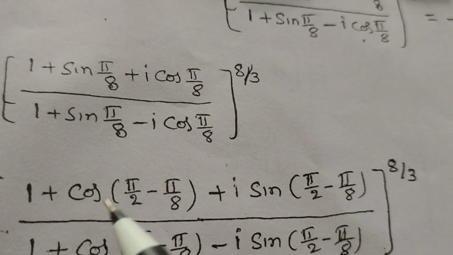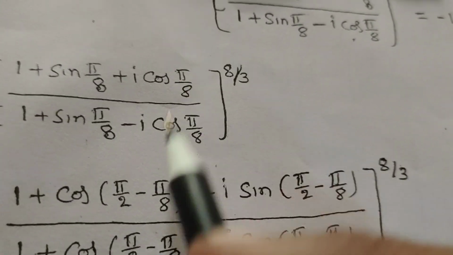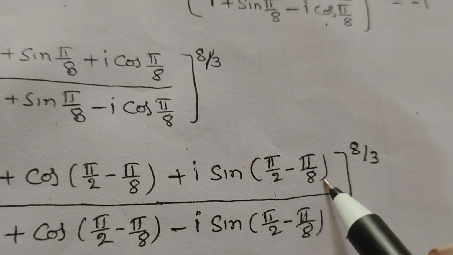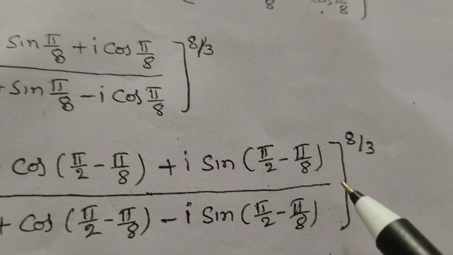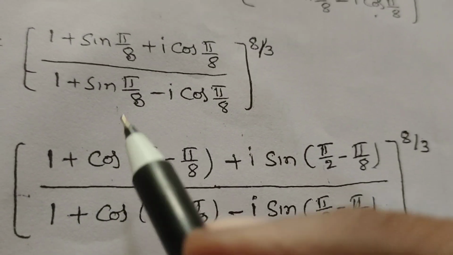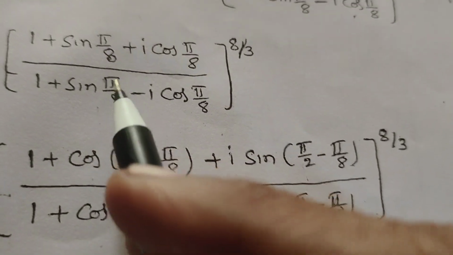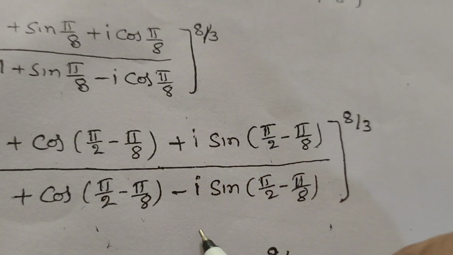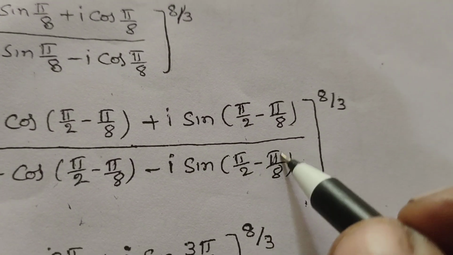What is sin θ? Cos(90° − θ). So cos(π/2 − π/8). Also in place of cos π/8 we write sin(90° − π/8), applying the formula sin(90° − θ). Again in the denominator, sin π/8 becomes cos(π/2 − π/8), and in place of cos π/8 we write sin(π/2 − π/8).